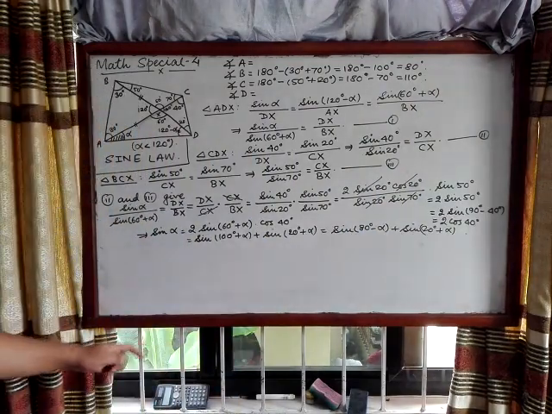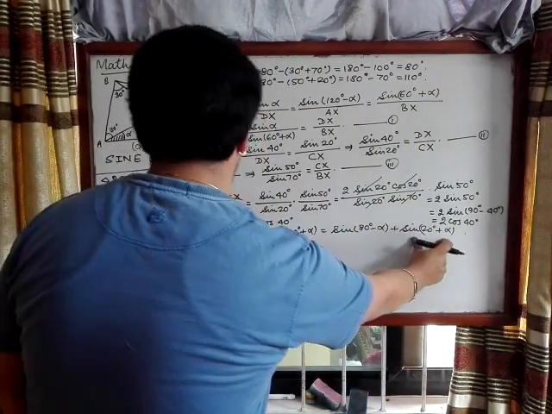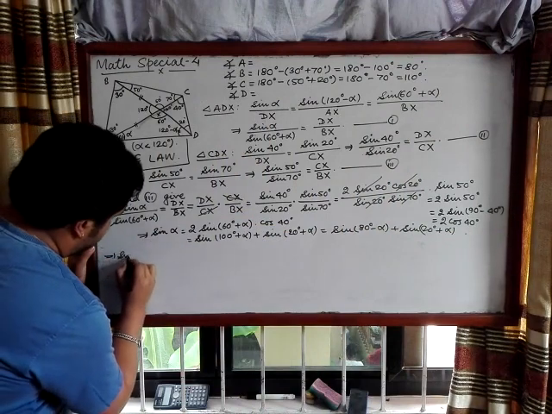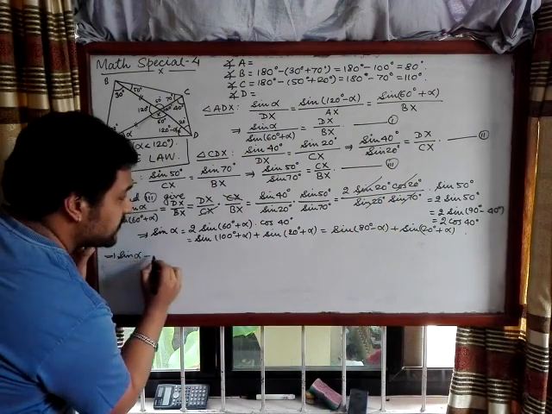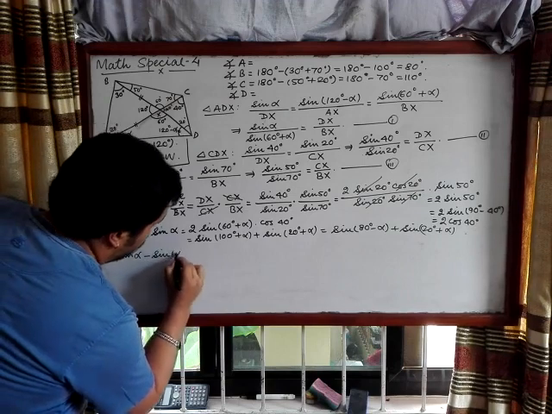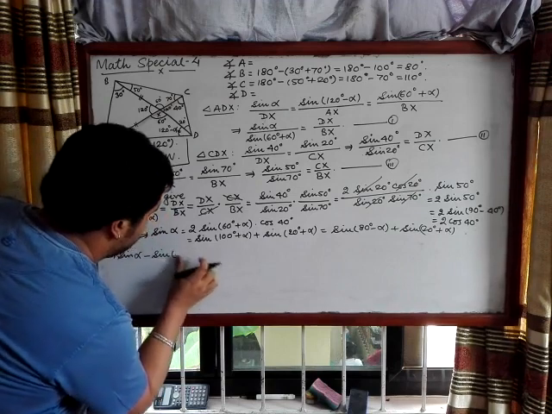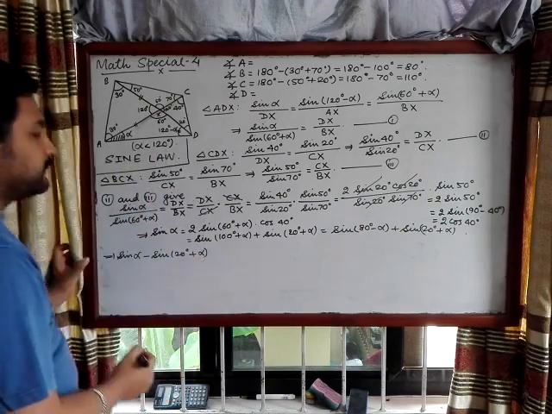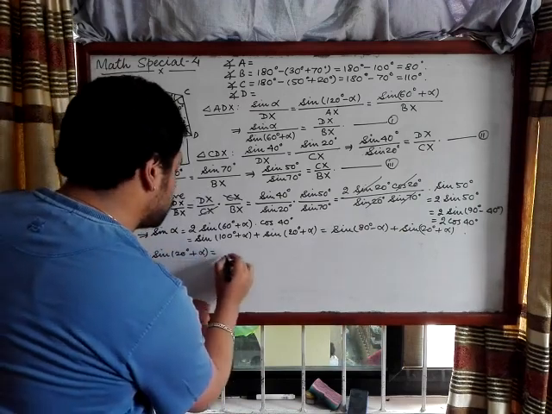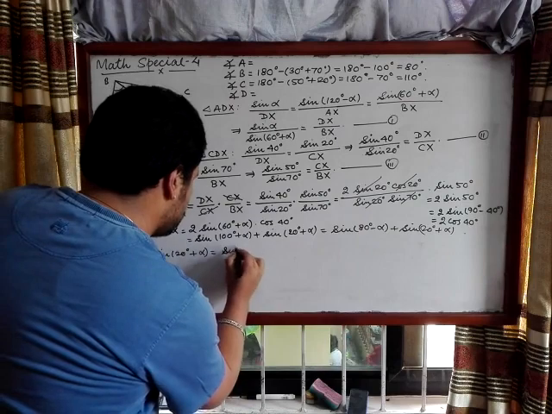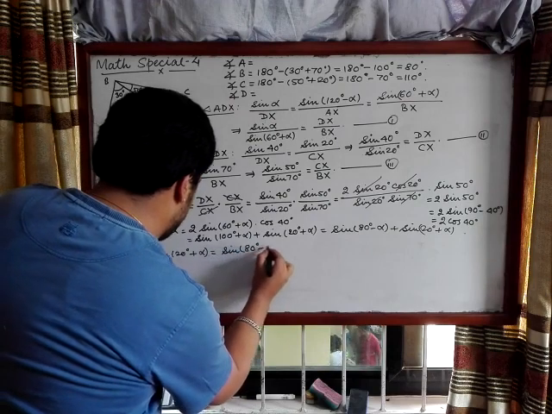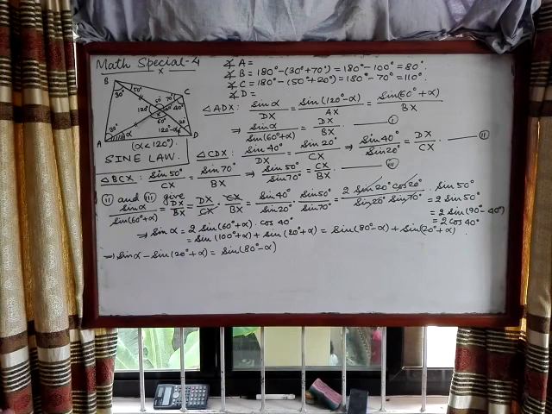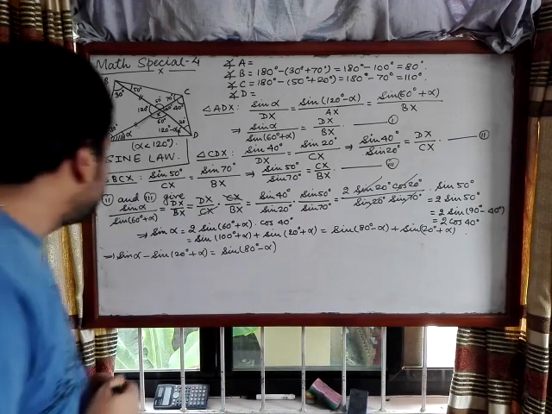Next, we send this sine 20 degrees plus alpha to this side. So what we get is sine alpha minus sine 20 degrees plus alpha, which is equal to sine 80 degrees minus alpha.